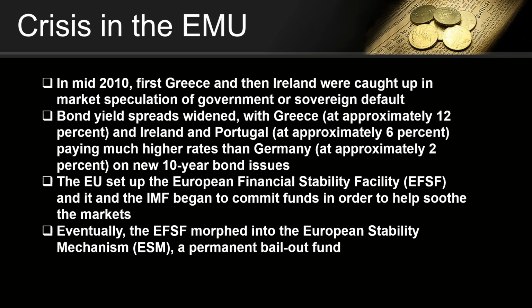The European Union set up the European Financial Stability Facility, and the International Monetary Fund began to commit funds in order to help soothe the markets. Eventually, the EFSF moved into the European Stability Mechanism, a permanent bailout fund.